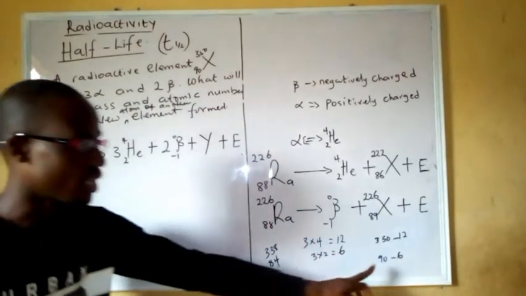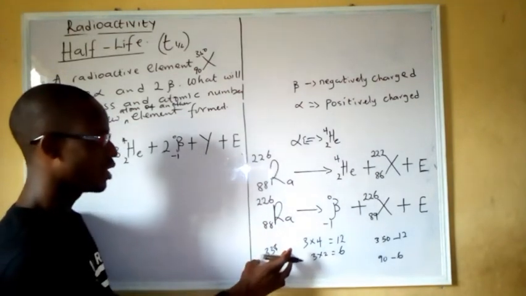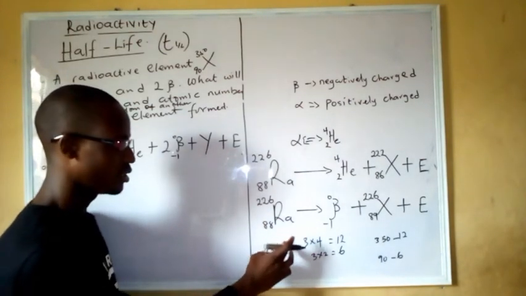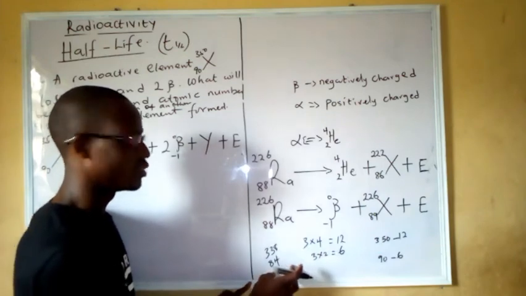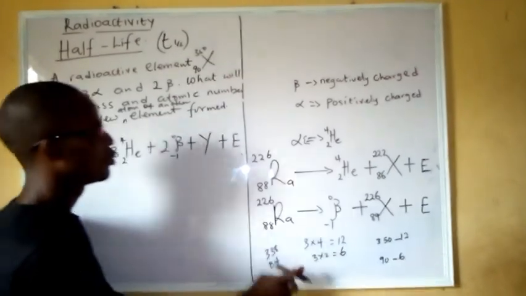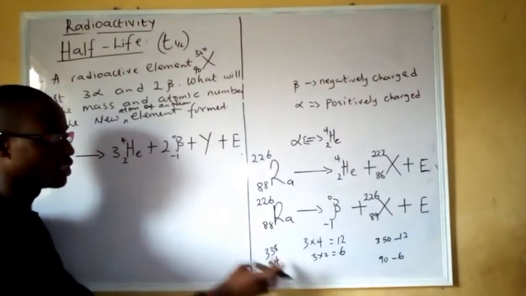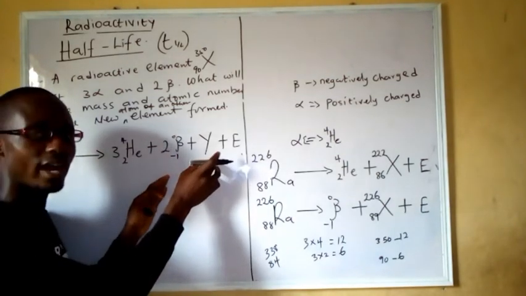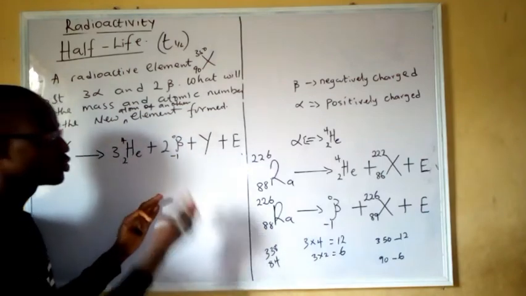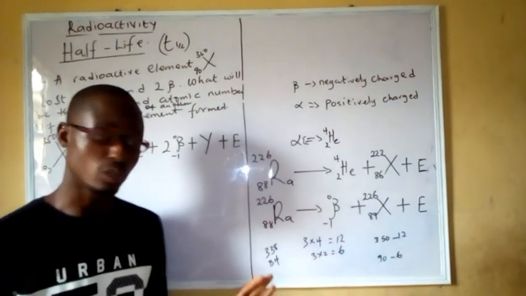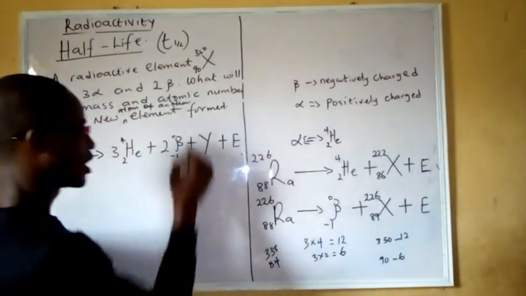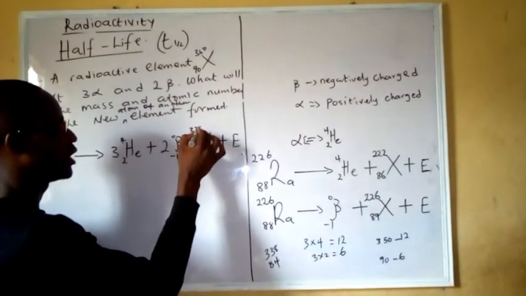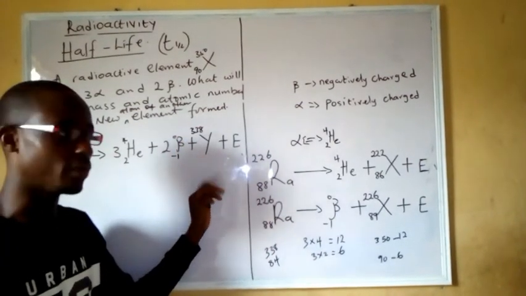So that's the first stage. The new element here has 338 in mass number and 84 in atomic number. Then the new element loses 2 beta particles, all to become Y. Losing 2 beta particles, there is no deduction in your mass number, so we write 338 for the new element.